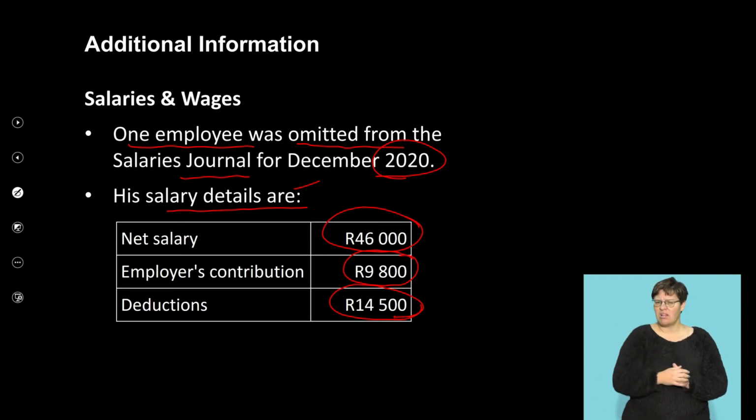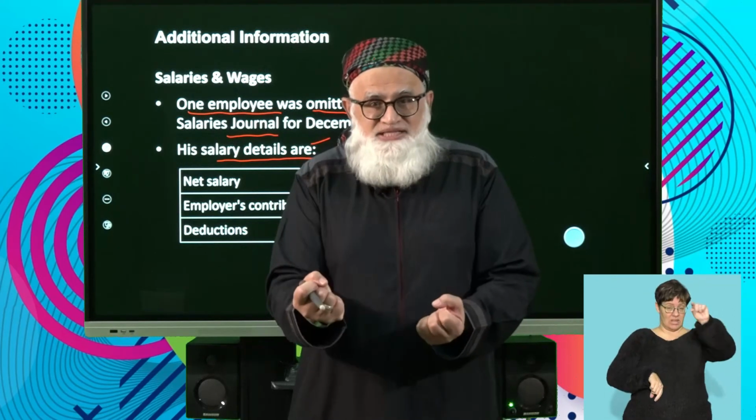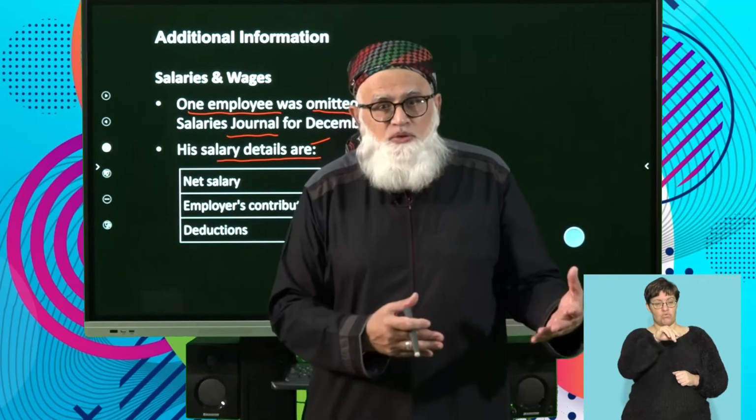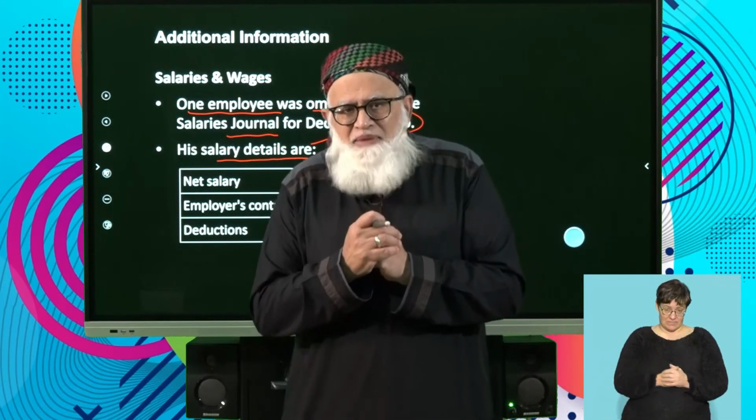Net salary plus deductions gives me my gross salary. Okay, I repeat, net salary plus deductions gives me my gross salary. Stated in other words, gross salary minus deductions gives me net salary. Okay, so what figure am I looking for?